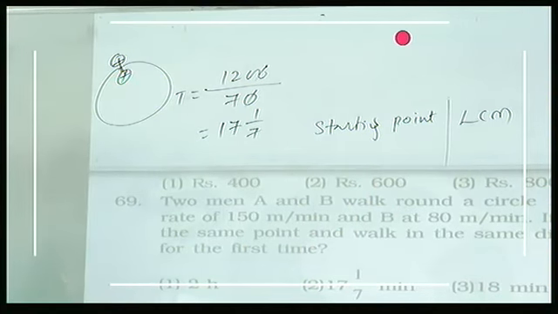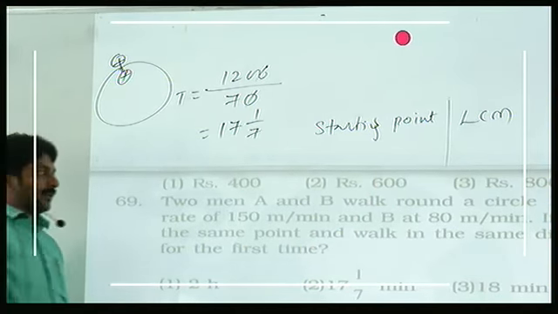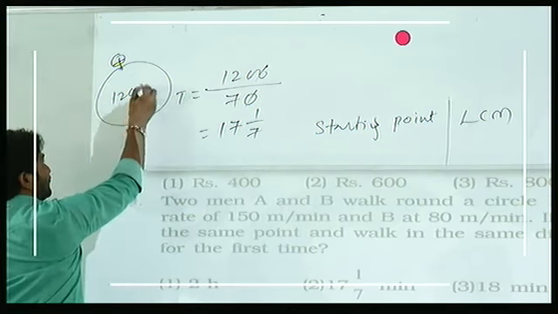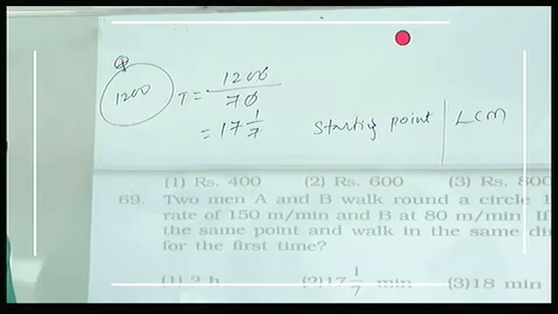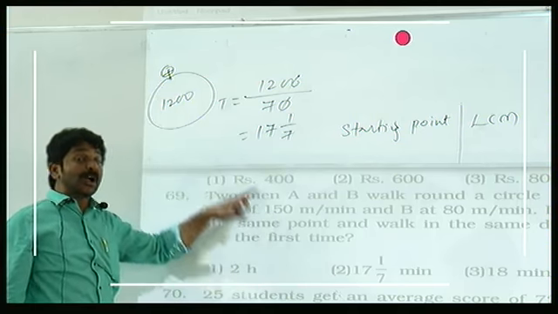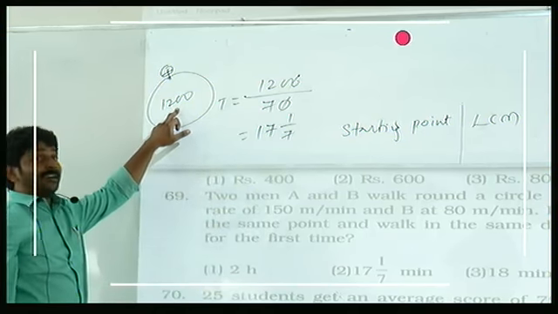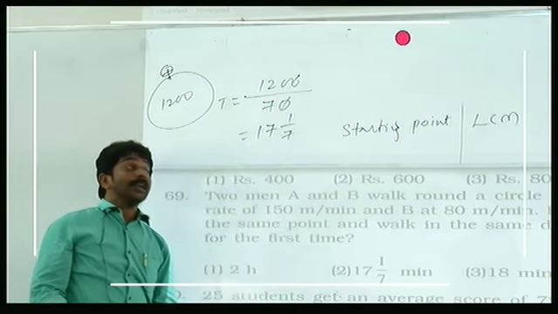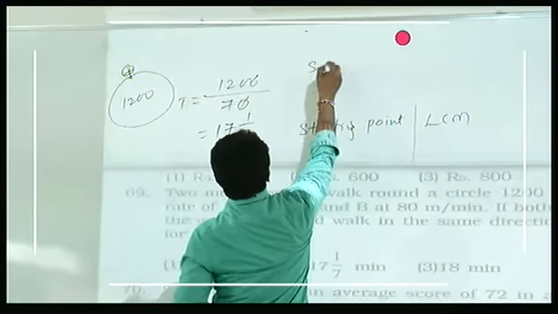After how much time will they meet at the starting point? The circumference length is 1200 meters. This person's speed is 150 meters per minute. How much time will the first person take to cover 1200 meters at the rate of 150 meters per minute? 8 minutes.